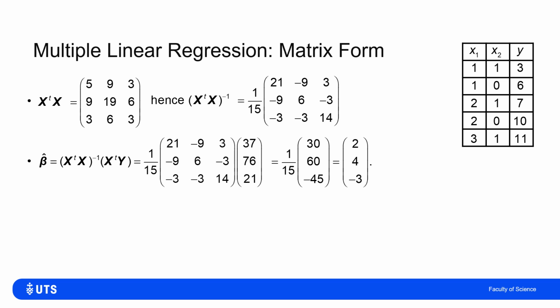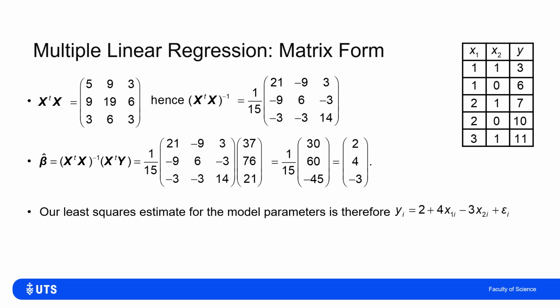So in other words, that tells me that my estimate of the coefficients will give me that the intercept term is 2. The slope on the x1 variable is 4. The slope on the x2 variable is minus 3. So that's my model, and in fact, I just made those numbers up as I was writing the slide.